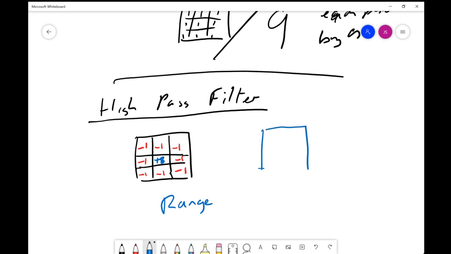We would have a black one in the center, and the outside is white. So this would be W, this would be 0, and we would have -8W, and the 0 in the center times 8 would be 0. So -8W.